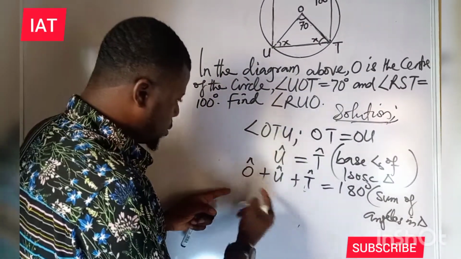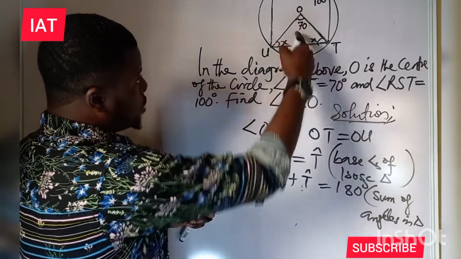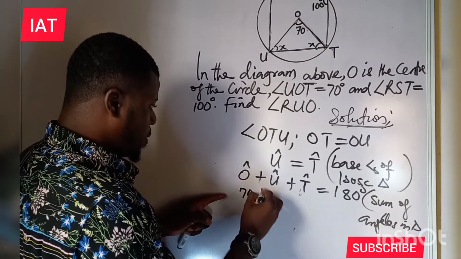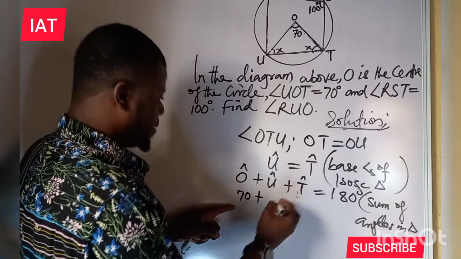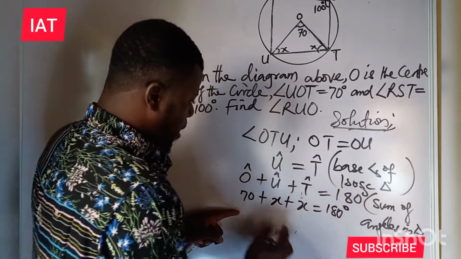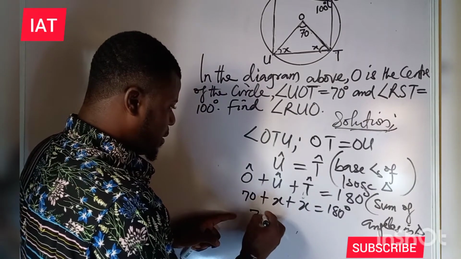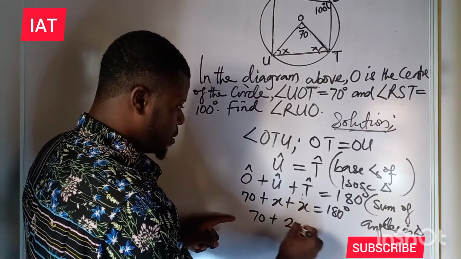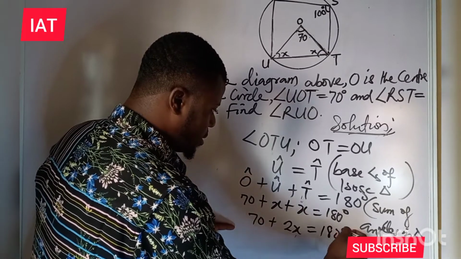So you can see that this angle is 70 degrees, plus x, plus x, equal to 180 degrees. If you do the mathematics here, 70 plus 2x equals 180 degrees.